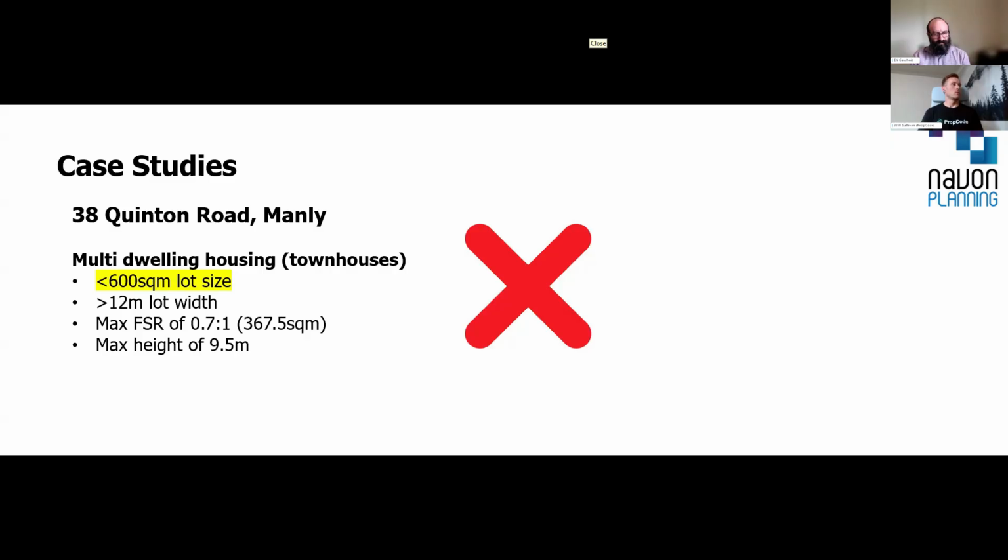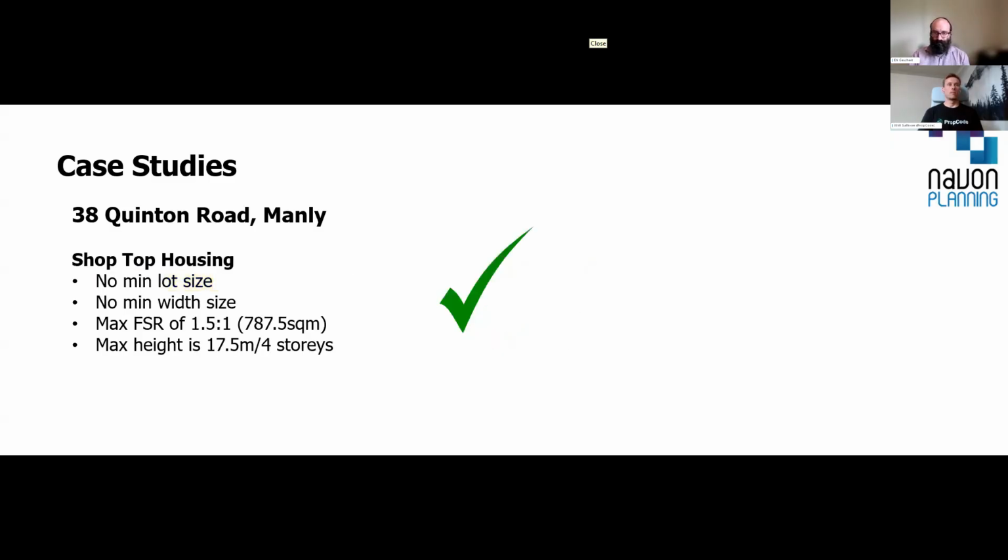But on this particular property, you can't do townhouses. You could do shop top housing, in theory. Like I said before, it would look a bit funny having shop top housing in the middle of that suburban area in Manly, but the controls technically allow it.